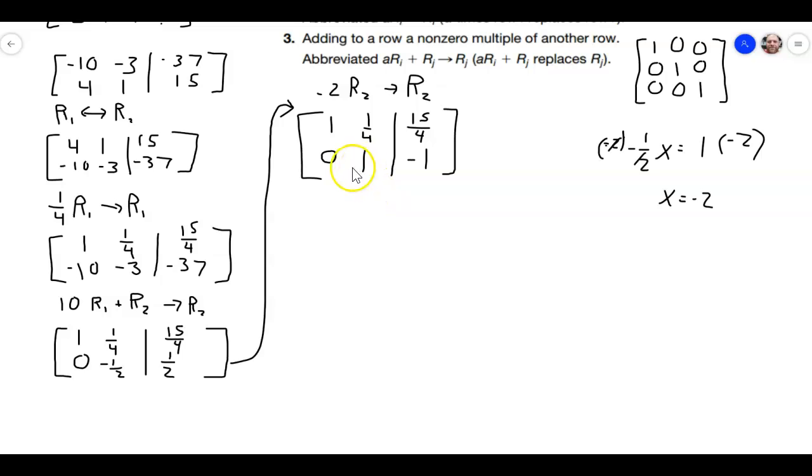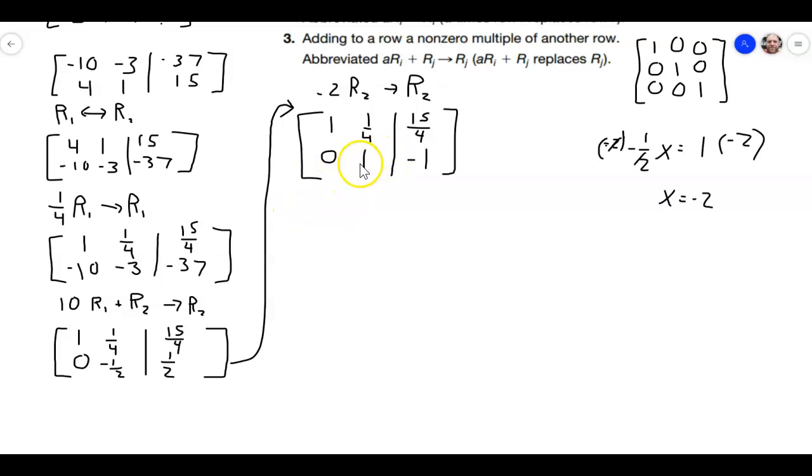All right. Now the last thing that we need to do is get a 0 in this position. So what do we have to multiply this 1 by in order to get a 0 here? Well, it's really just the opposite sign of whatever's here, right? Because 1 times a negative 1/4 would give me a negative 1/4, and a negative 1/4 plus a positive 1/4 would give me the 0.